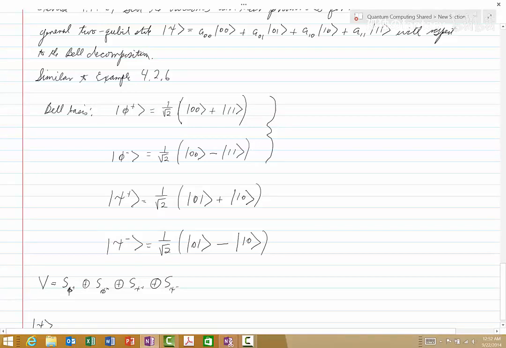If you look at these first two equations for phi plus and phi minus, you will notice very quickly that 0, 0 is equal to 1 over square root of 2 times phi plus plus phi minus, and 1, 1 is equal to 1 over square root of 2 times phi plus minus phi minus.